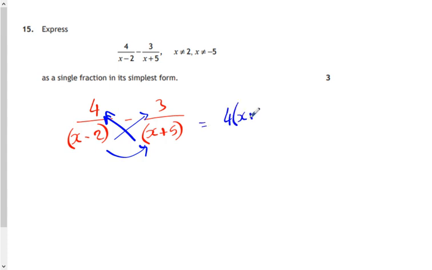So we get 4 times x plus 5 minus 3 times x minus 2 all over x minus 2 times x plus 5.